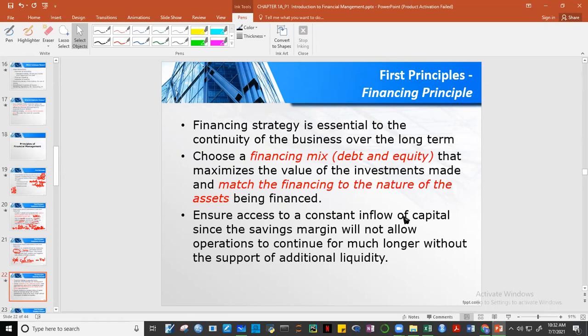Okay? And also, sa financing principle, dapat guys, na-ensure natin ng finance yung constant inflow of capital. Okay? So ito importante yung source of financing, source of funds. Okay? Kasi alam naman natin na lahat naman ng companies may mga liquidity challenges yan. Okay?